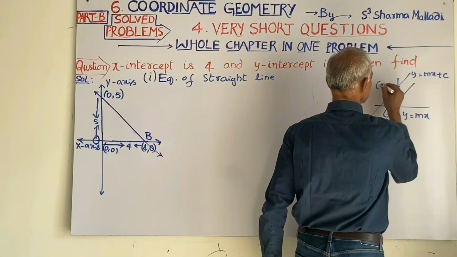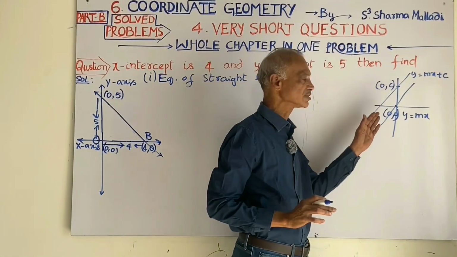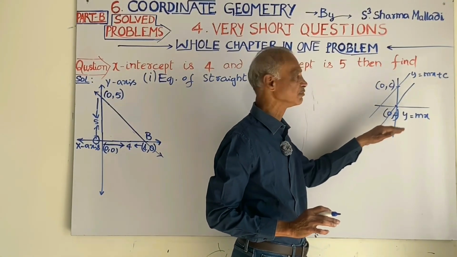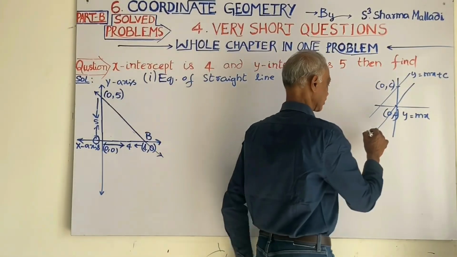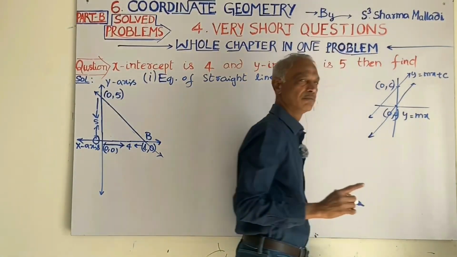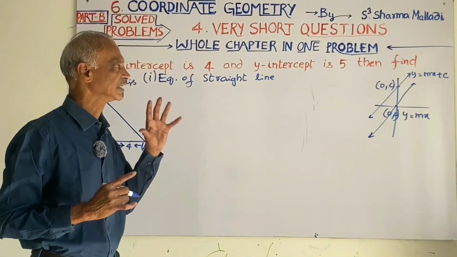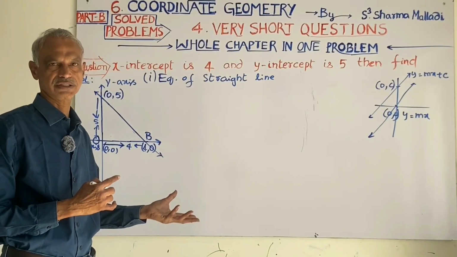It passes through 0, c. If c is 0, then it passes through 0, 0. Therefore, the equation of a straight line which passes through origin will be y is equal to mx. That's why you have only one form of equation, that is y is equal to mx plus c. If c is 0, it passes through origin.